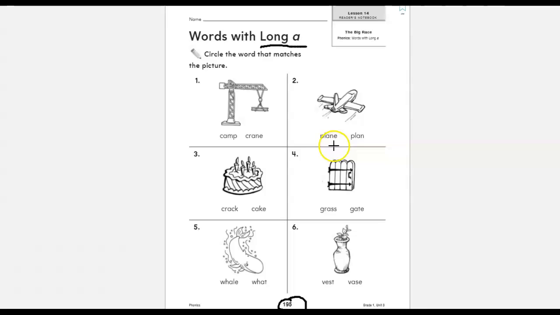Remember, if there is a silent E, it makes the A say its name. So, on number 2, is this a picture of a plane or a plan? Circle the word that you think best matches the picture.